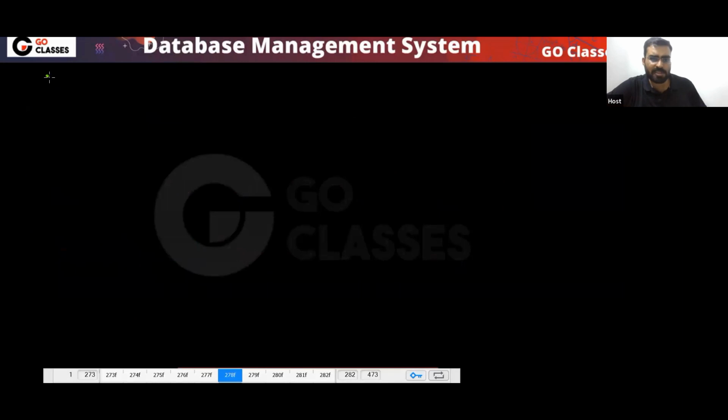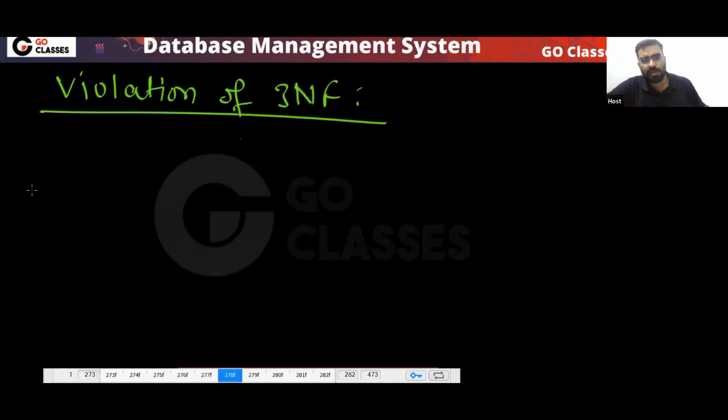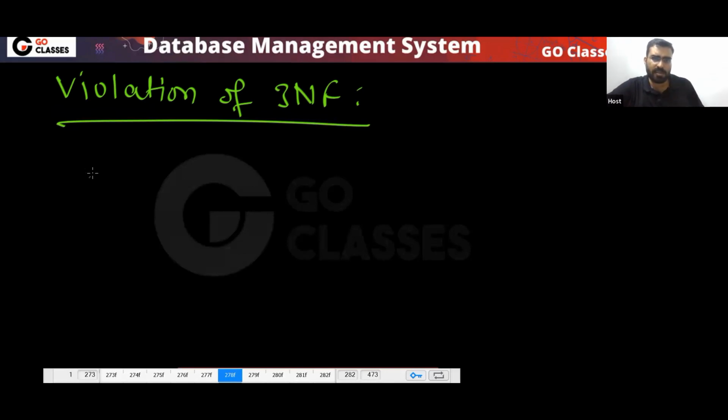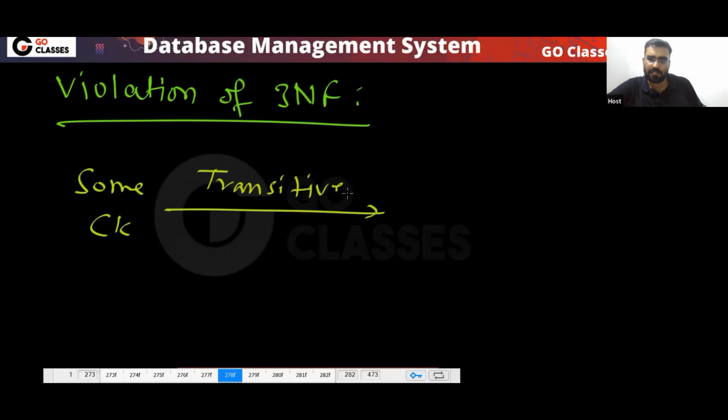Basically, the violation of 3NF, when will it happen? It will happen in this situation, that some candidate key transitively determines some non-prime attribute.